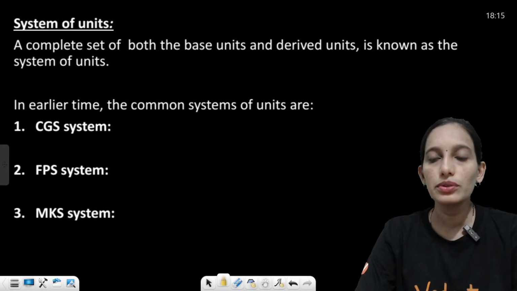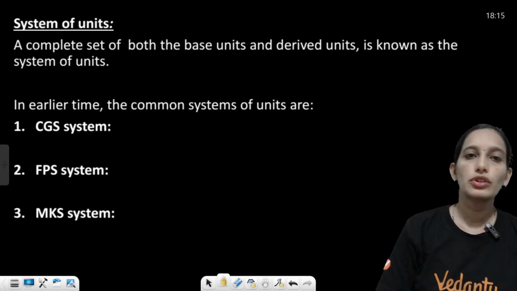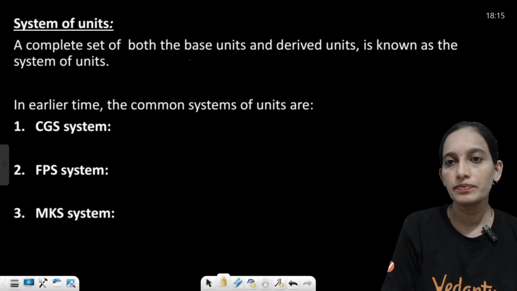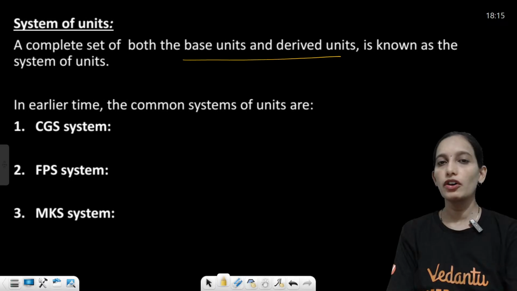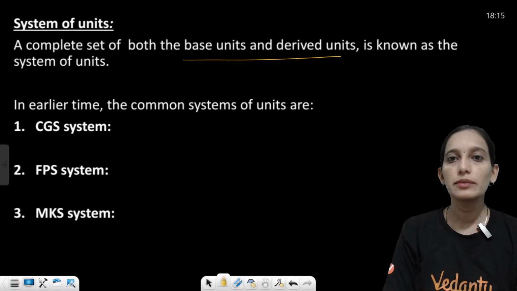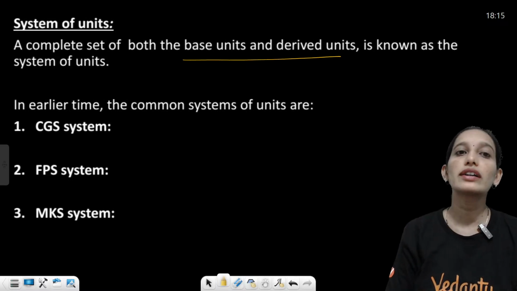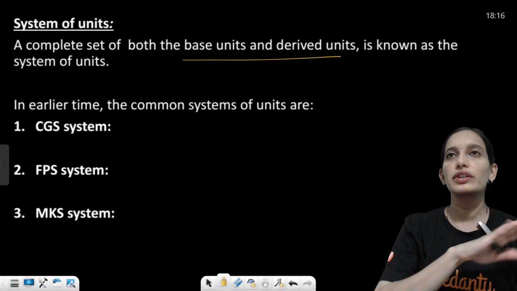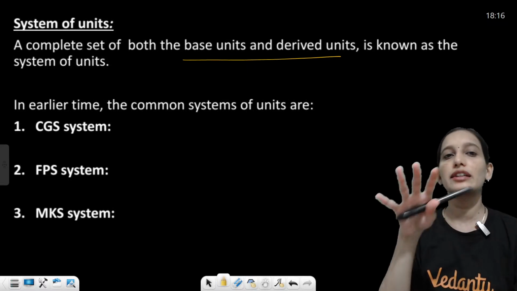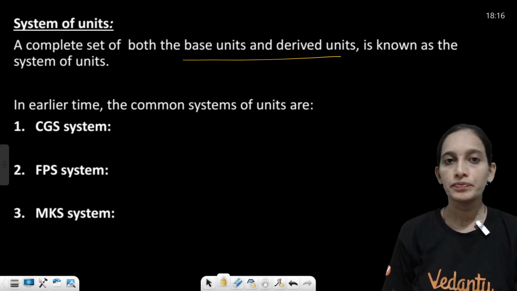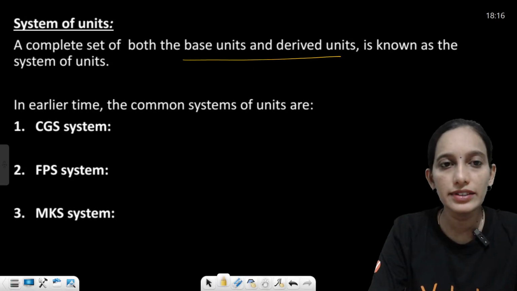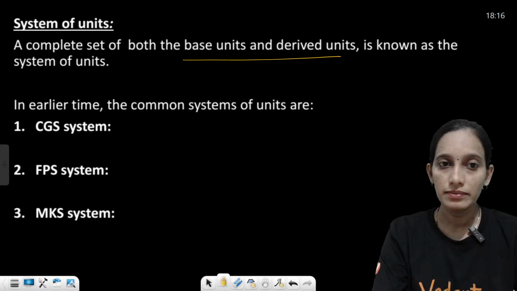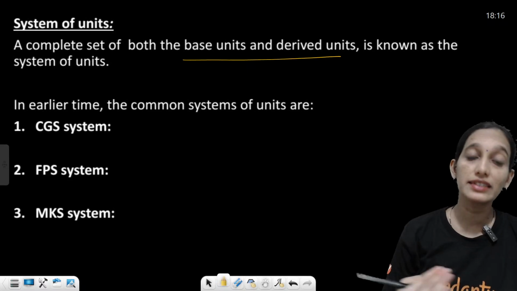So coming to system of units. What do you mean by system of units? It is a set of all the base units and derived units. The complete set of both base units and derived units is called a system of units. It includes all types of units. We have listed all the units, and that represents a system of units. There were many, and there are many systems of units.